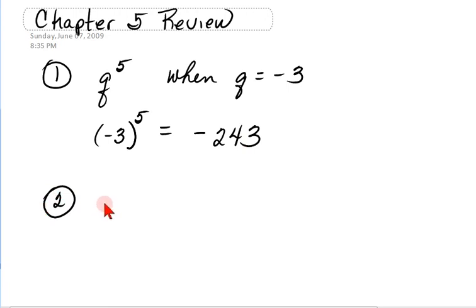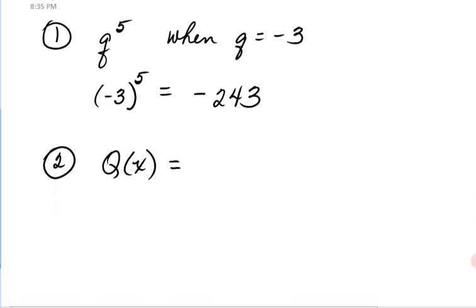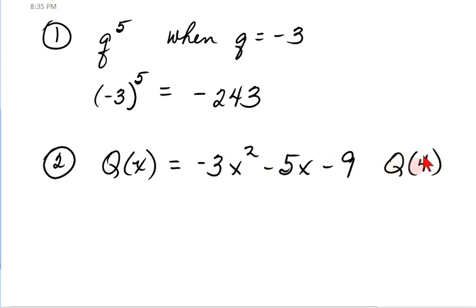Then it's stated differently in the second question. It uses capital Q as a function of x, which we have done almost no work with, but we do know how to do these. If Q of x is -3x squared minus 5x minus 9, find Q of -4.